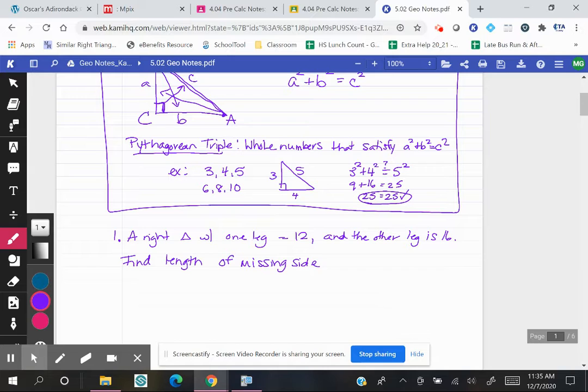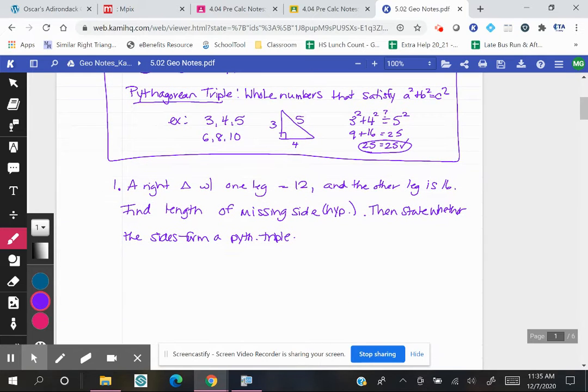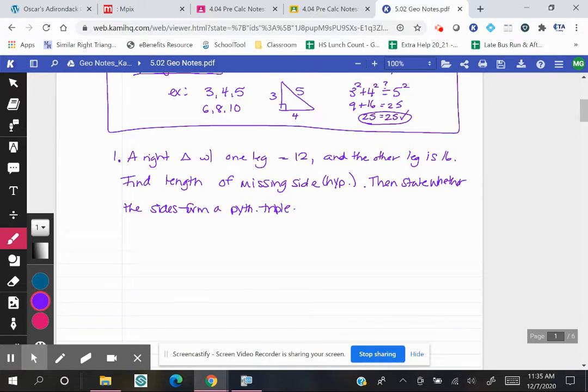Since we were given 2 legs, we know that it's going to be your hypotenuse. And then state whether the sides form a Pythagorean triple. So are they whole numbers, and do they satisfy the Pythagorean theorem, which we are finding a right triangle. So we know they're going to satisfy the Pythagorean theorem. We really need to just know, are they going to be whole numbers or not?